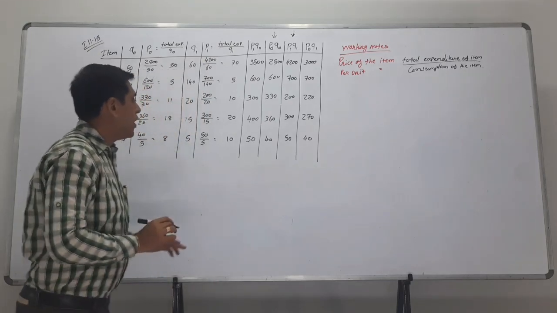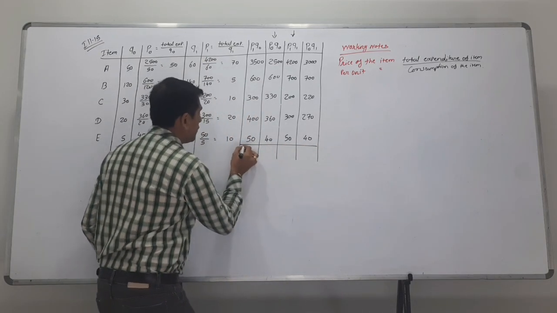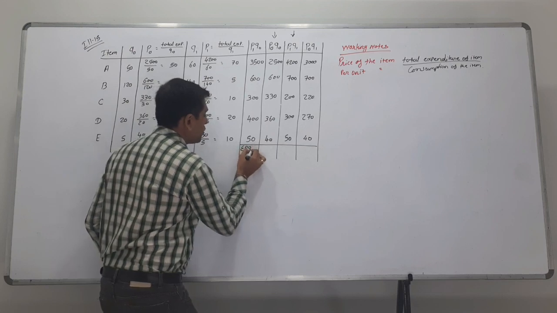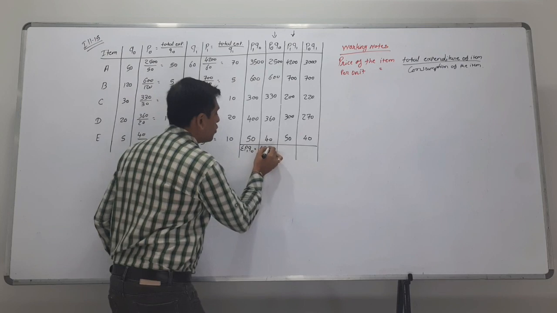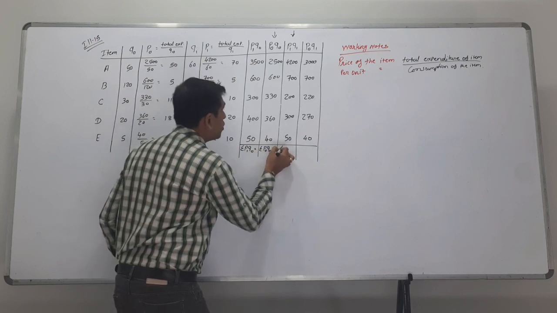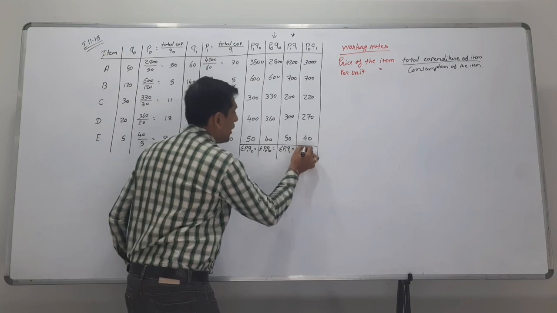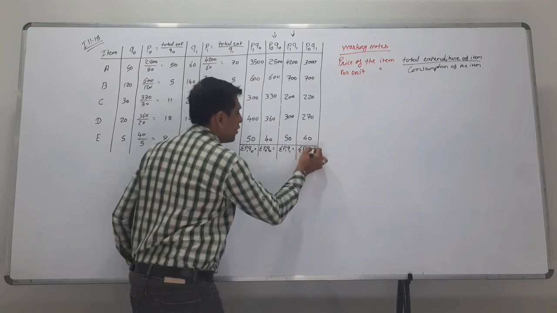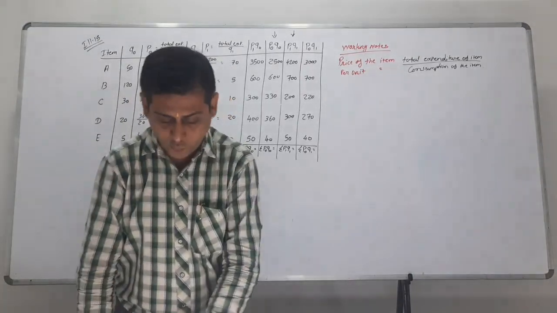So here we have four columns and we want the total of those four columns: sigma P1 Q0, sigma P0 Q0, sigma P1 Q1, and sigma P0 Q1.